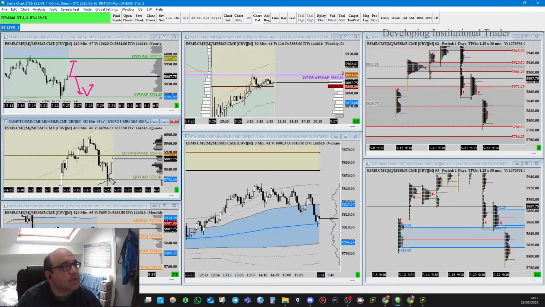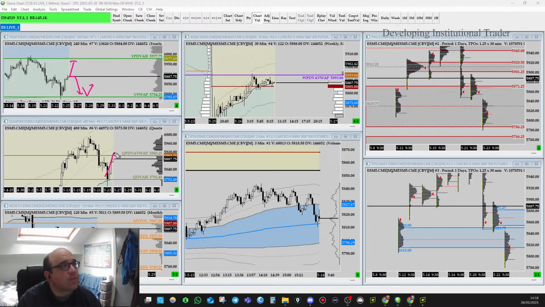It's been tested and then reclaimed, but we see there is some resistance at the quarterly previous DVA VWAP. That's a big bearish element. So we may see the price either going up continuously, or we're going to have another rejection, and this is a good point to enter if we do that.